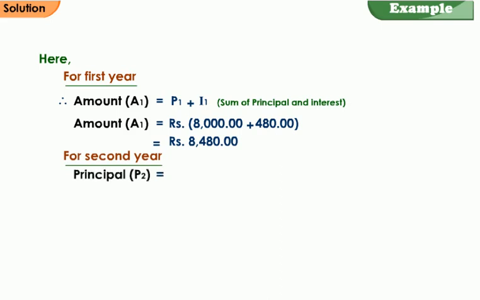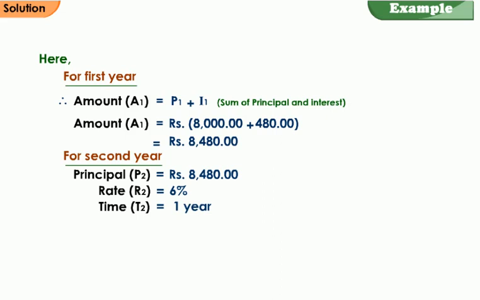The rate R2 is equal to 6% and time T2 is equal to 1 year. Hence, interest I2 is given by the product of P2, T2 and R2 divided by 100.